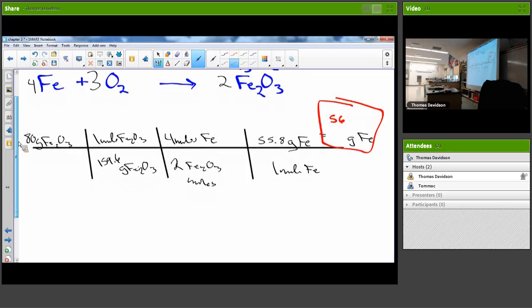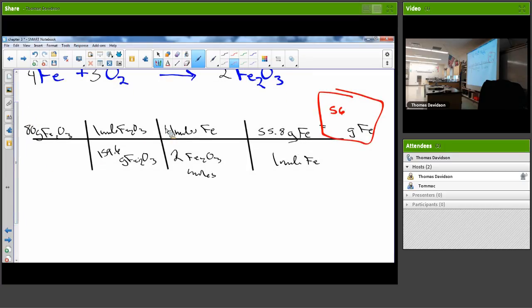So to find 56 grams, we take, well, first I would reduce. 4 over 2 is really just 2, right? That'll save you 2 pushes of your calculator. So 80 times 2 times 55.8, and you divide that by 159. Seems like it should be pretty reasonable.